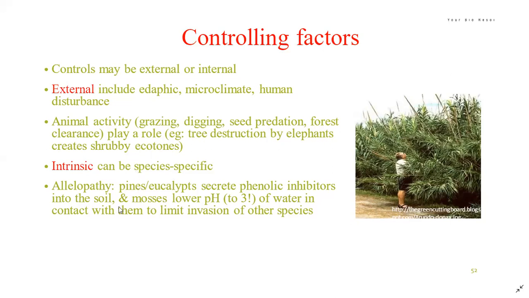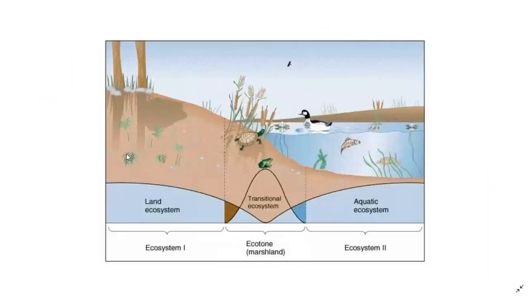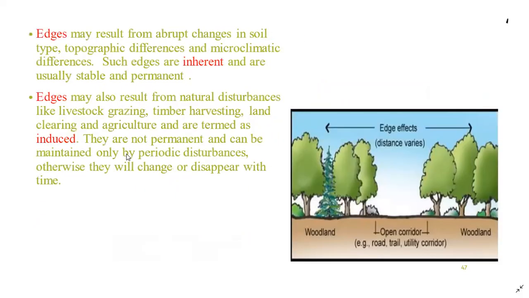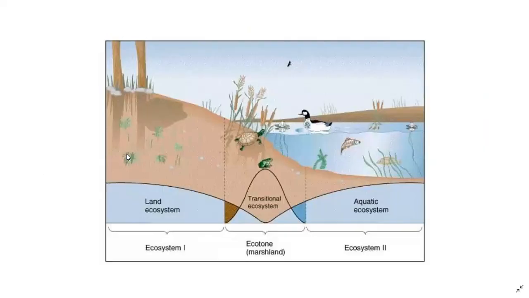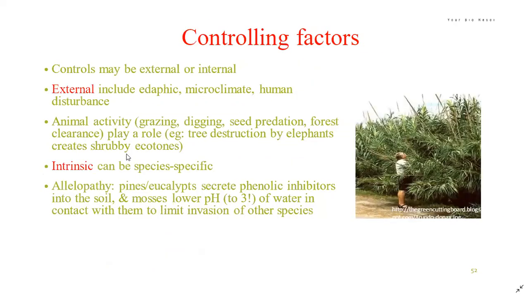As I told there, allelopathy: pine and eucalyptus secrete phenolic inhibitors into the soil, and mosses lower the pH of water in contact with them to limit the invasion of other species. So similar kind of external and intrinsic factors. There they were called inherent and induced edges, and here internal and external factors.